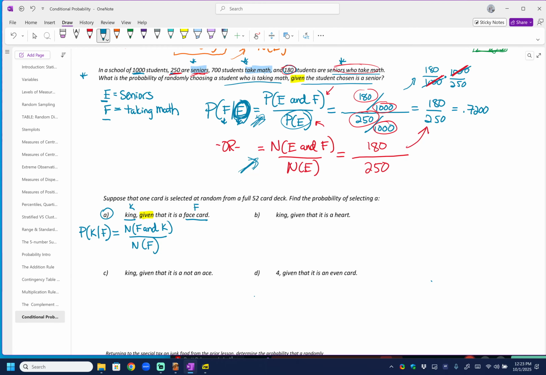So here F is the given condition, which means that's going to be the denominator variable we're dealing with. The numerator doesn't really matter whether you write F and K or K and F, because they mean the same thing.